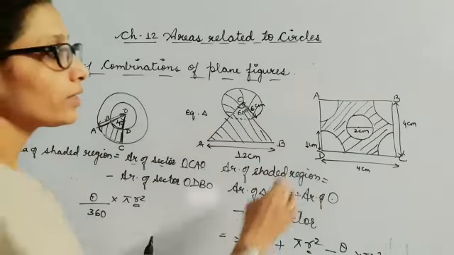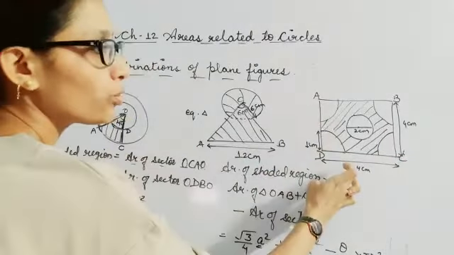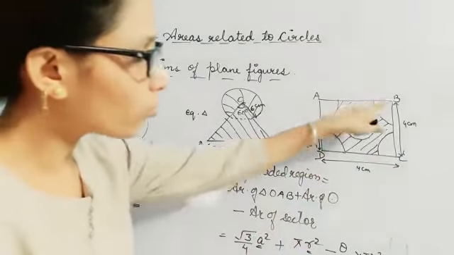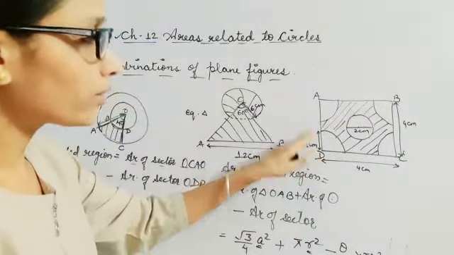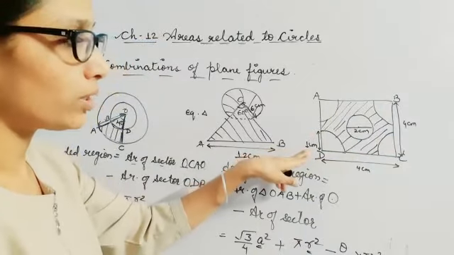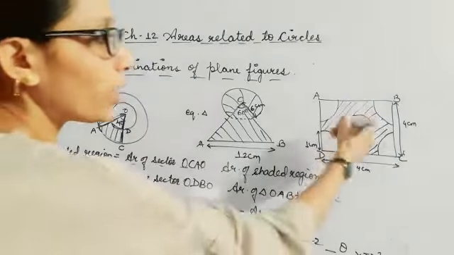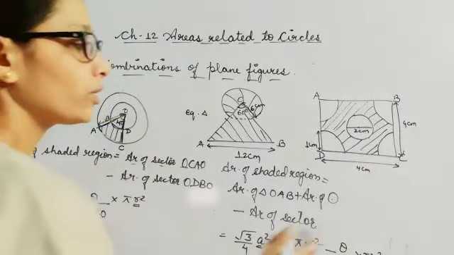Here a square is given to you and the area of the shaded region is asked. These are the four quadrants which are cut from the corner, of 1 centimeter each, and this is the side of the square. So how are you going to find out the area of the shaded region?